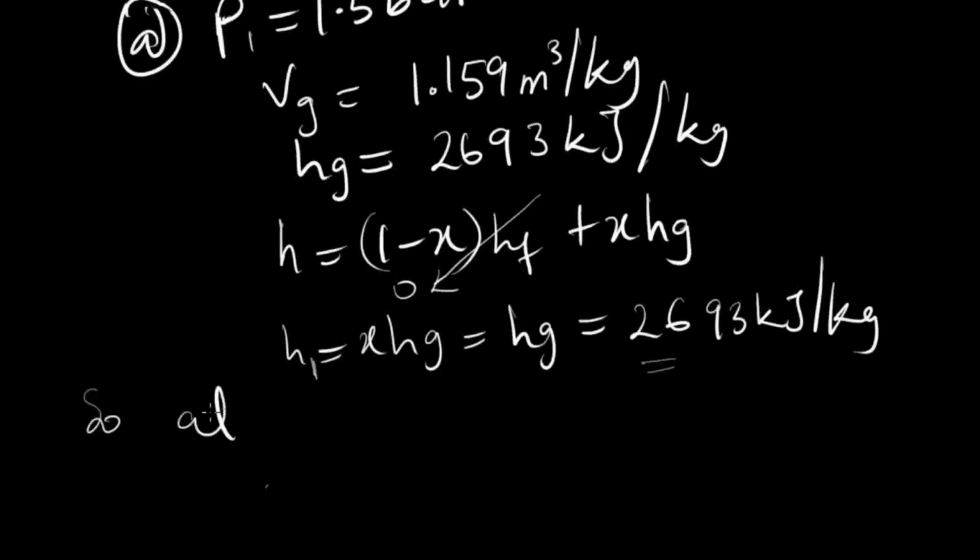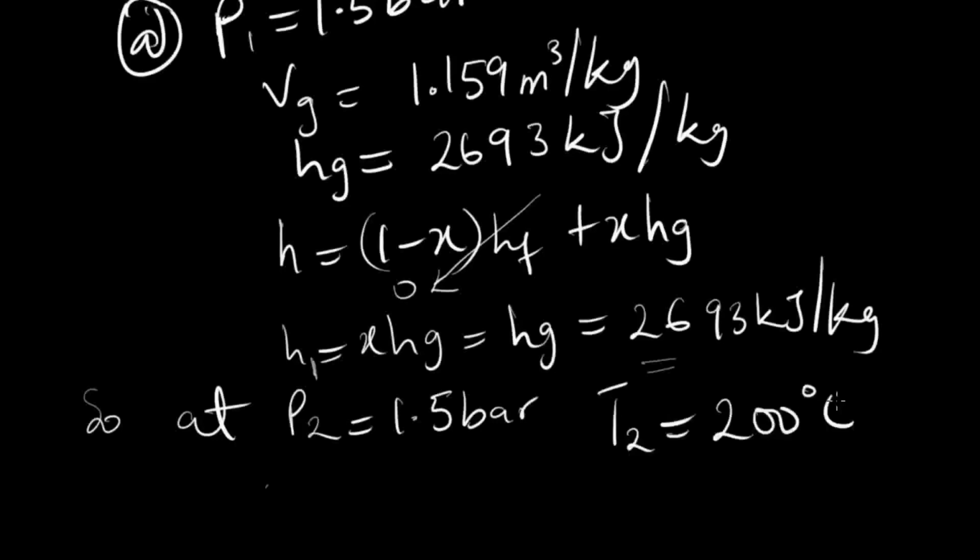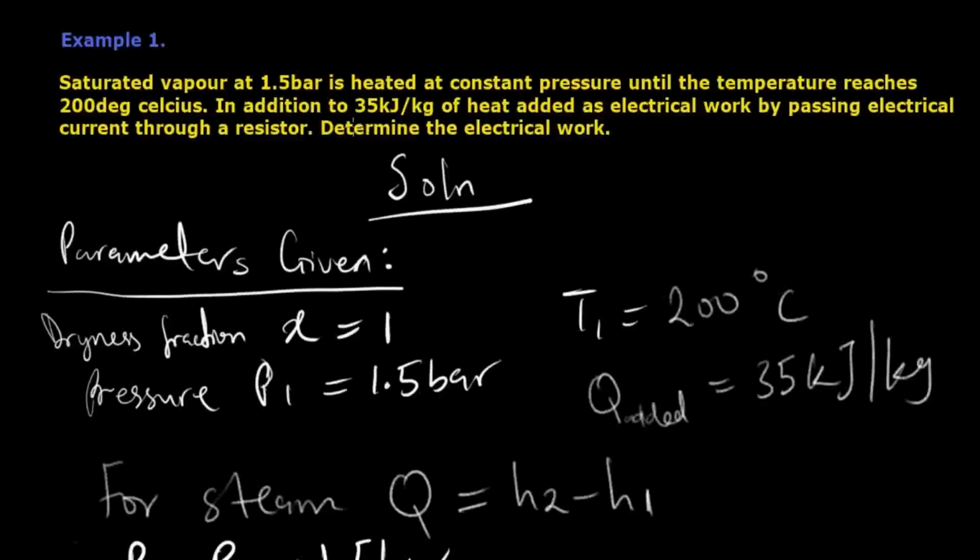So at the same P2, which is the same pressure 1.5 bar, it was heated to a temperature of 200 degrees C. So this here was supposed to be our temperature T2.